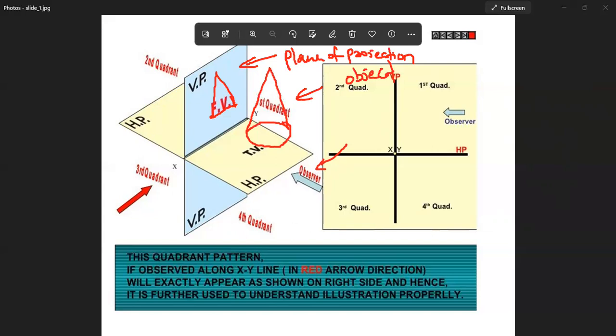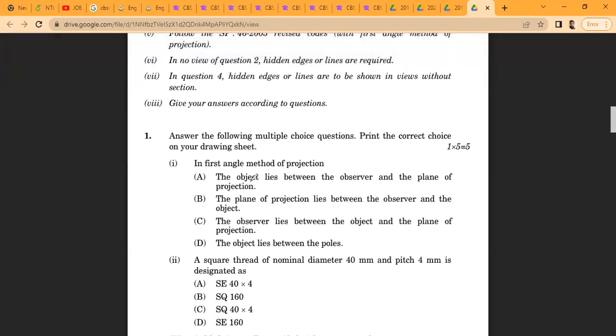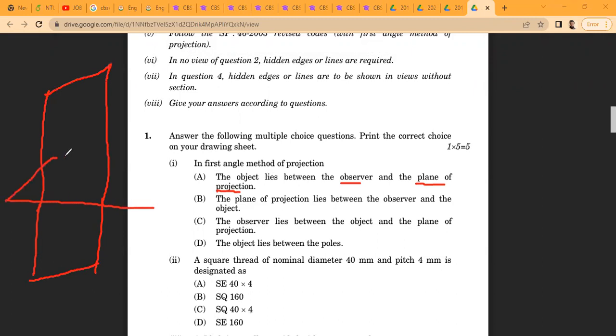So again, we will go to the question once again. In first angle method of projection, the object lies between the observer and the plane of projection. I will draw the quadrant once again.